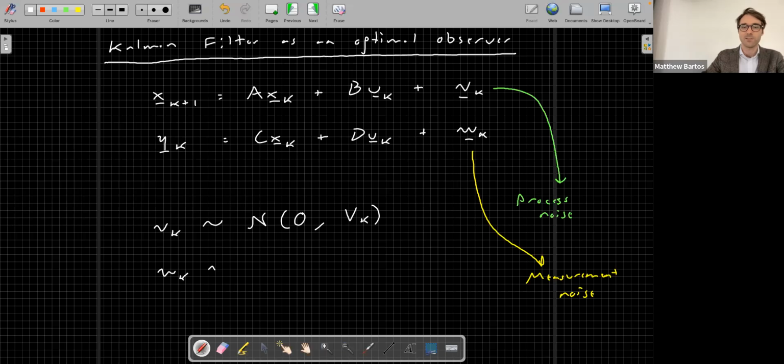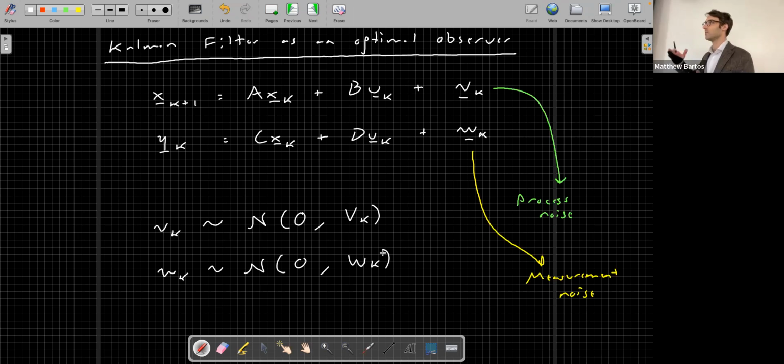And for the measurement noise, it's also Gaussian with zero mean, covariance W_k. Unfortunately, I don't have time to go through the definitions for these, but you can treat those vectors as being vectors of noise having a mean of zero, but with some standard deviation or some error associated with them.